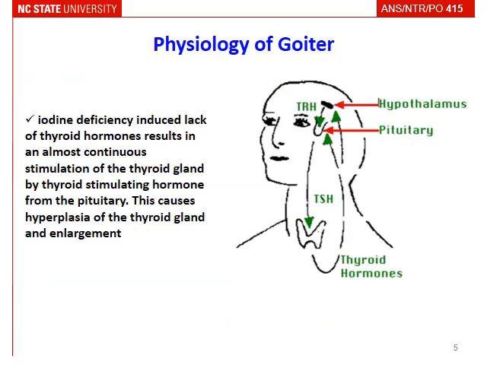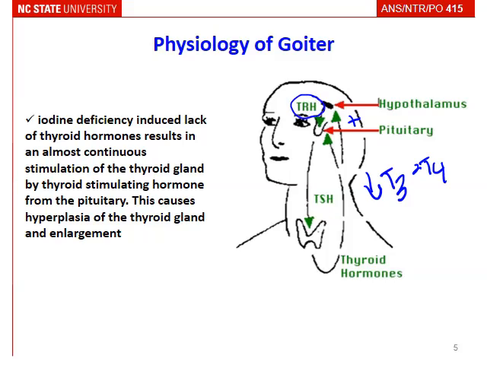The physiology of the formation of the goiter all starts with our circulating level of thyroxine, our T3 and our T4. Low levels of T3 and T4 are going to have a positive effect on our hypothalamus, so that our hypothalamus is going to release thyrotropin-releasing hormone.